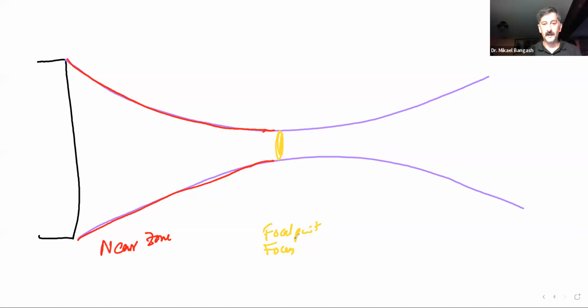And what mainly happens beyond the focal point or focus is that the beam is going to spread out.